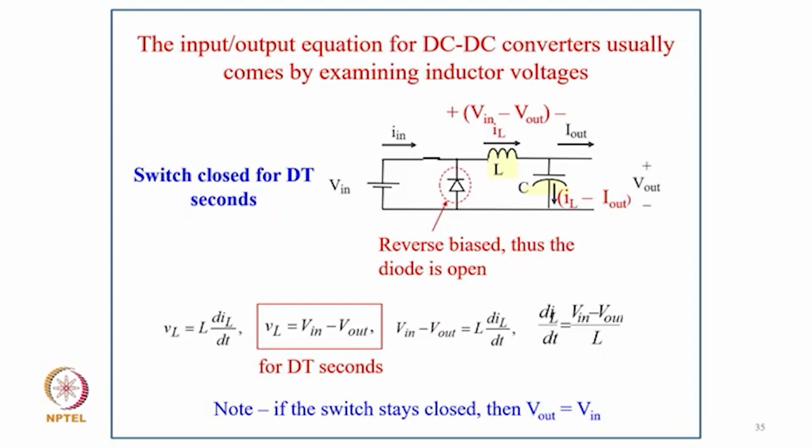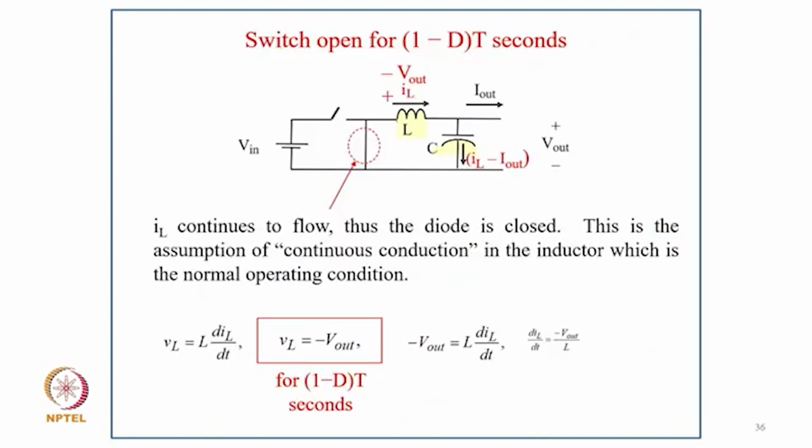Note that if the switch stays closed, then V out equals V in. Now the switch is open for the 1 minus d period, that's the off period, and the diode conducts automatically because the inductor current cannot change suddenly. Then this is the equivalent circuit. The inductor voltage is equal to minus the output voltage across it, and of course the capacitor current still remains IL minus I out. IL continues to flow through the diode, and this is the assumption of continuous conduction in the inductor, which is the normal operating condition.